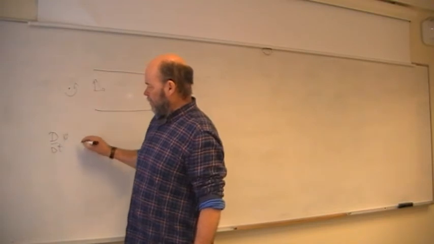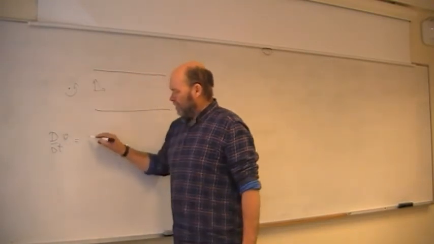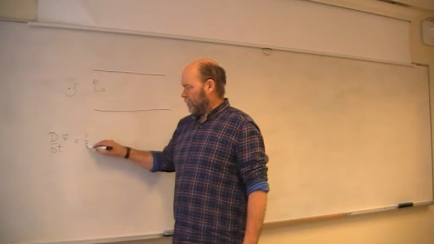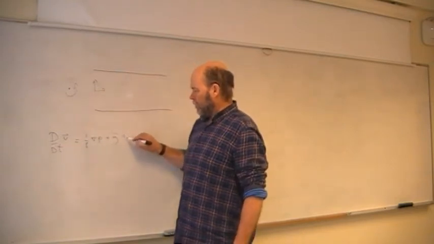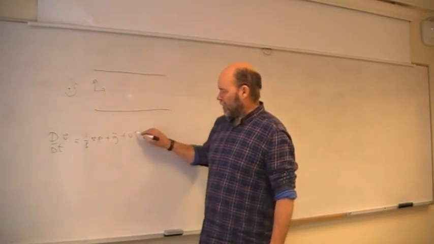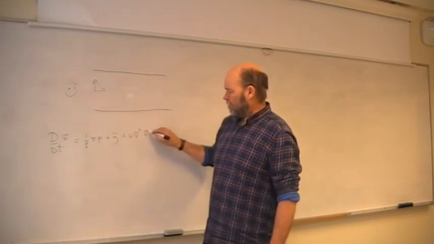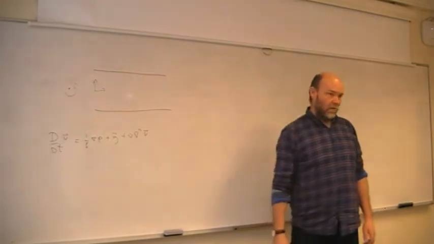d/dt of the velocity vector equals, and then all of these forces: pressure, you can have gravity, you can have viscosity, like this. And then you have to adjust Newton's second law of motion because you are not in an inertial frame anymore.